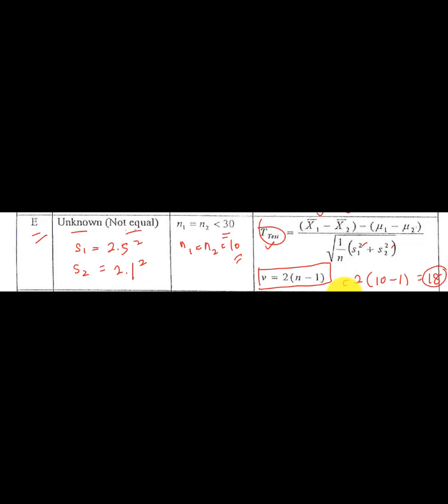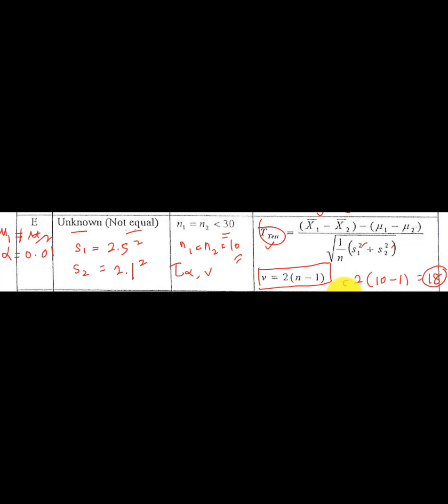So that means if we want to look for the t value, we must have the alpha and also the v. Our v is 18. So how about our alpha? Again, your alpha must be different. It's given that your alpha is 0.01. But the question asks you to find the difference, in which your mu1 is not equal to your mu2.